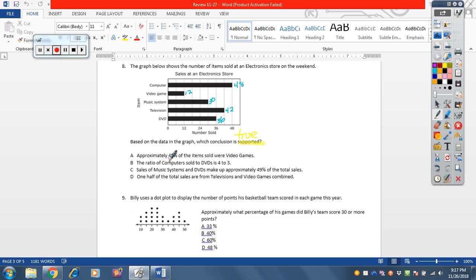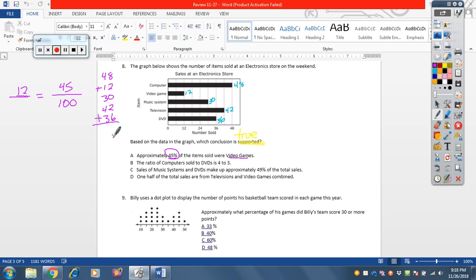Approximately 45% of the items sold were video games. So percents go over 100. Video games is 12. How do we know the total? Yeah, you're going to have to add them all up. 48 plus 12 plus 30 plus 42, plus 36.